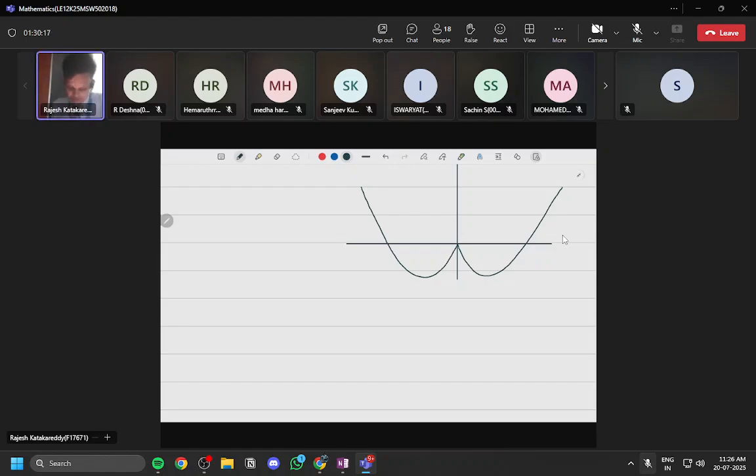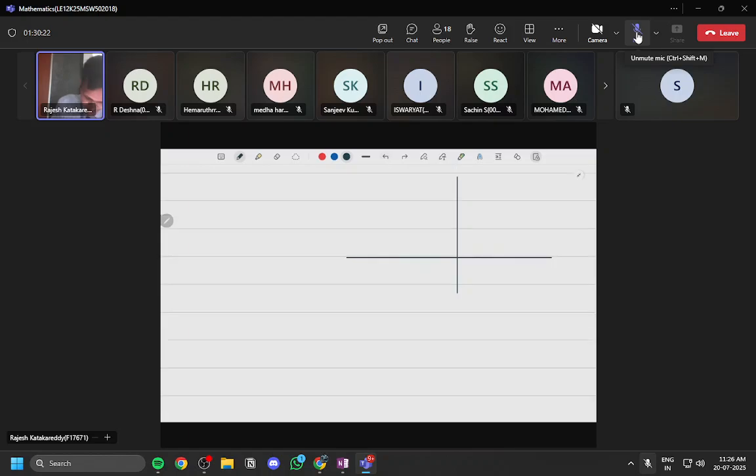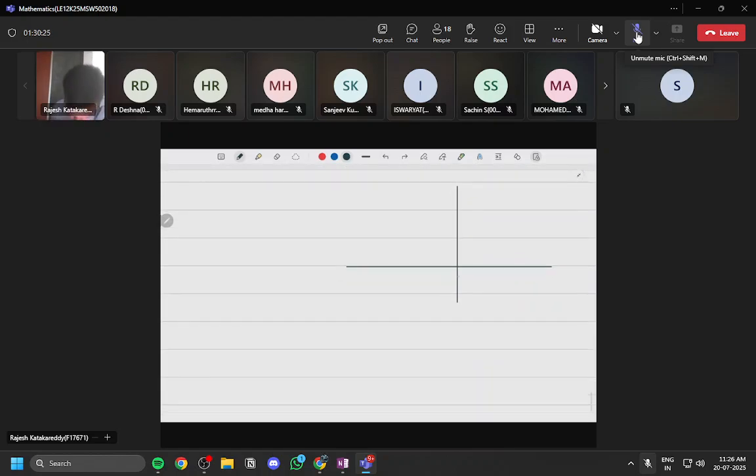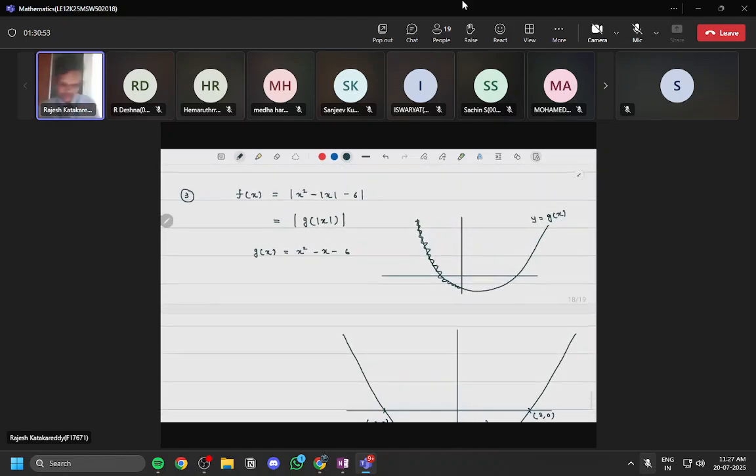Oh, it is not passing through the origin. That's what I was trying to get. So this is 0 comma minus 6. Now we have 3 comma 0 and minus 3 comma 0. So once we have drawn this, this is g of modulus of x.